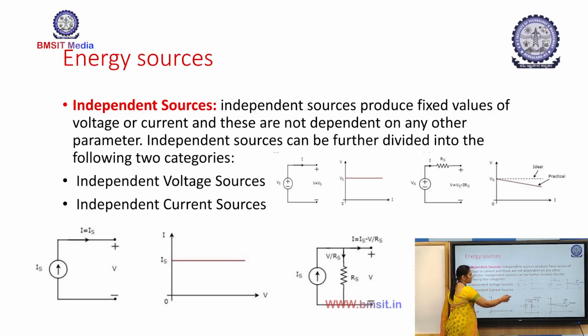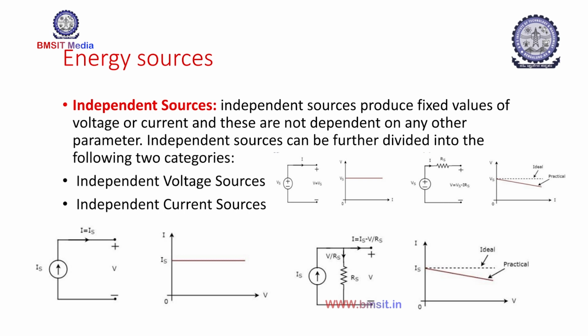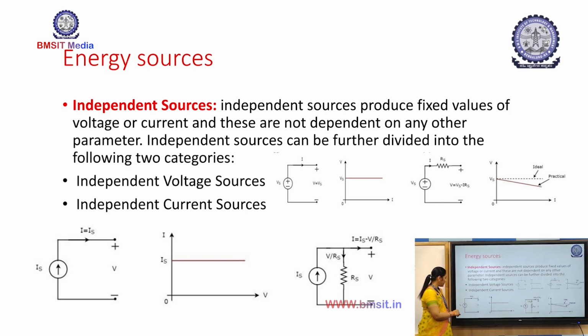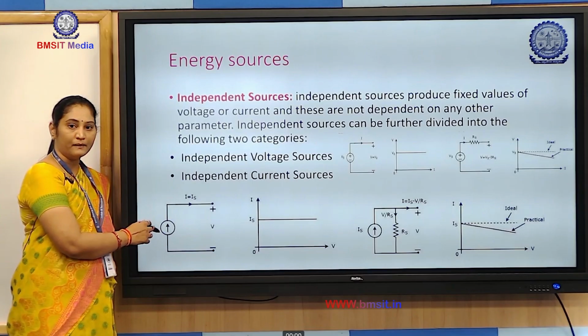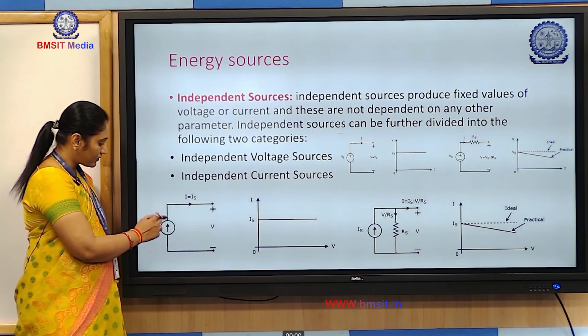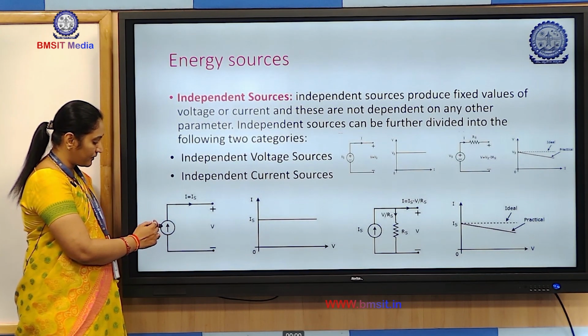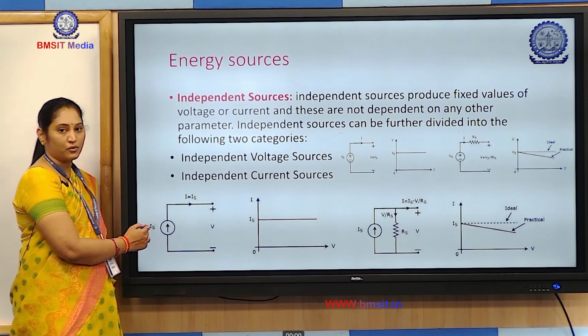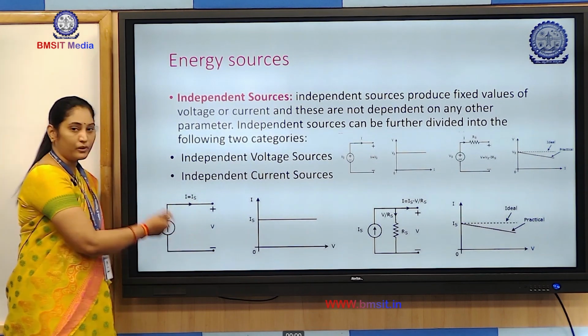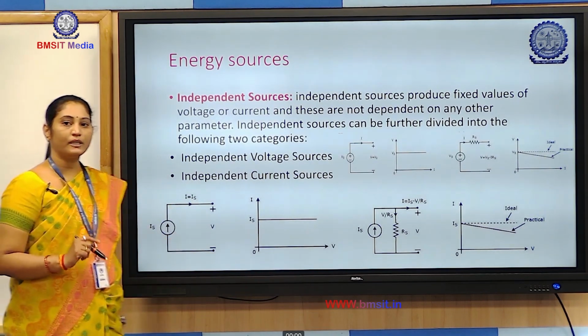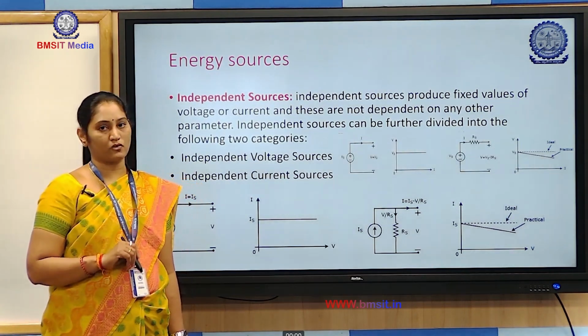Independent voltage source is symbolized as this Vs, with a plus and minus sign. For the independent current source, you have an arrow mark, which symbolizes that it is a current source connected between two terminals. This is about independent ideal sources.